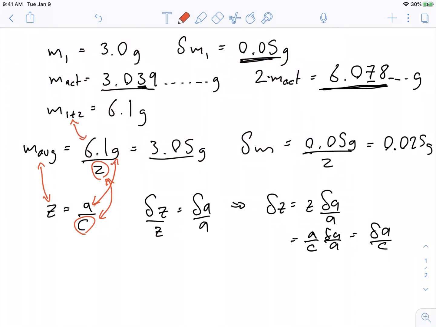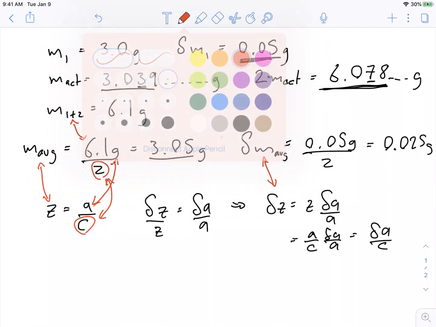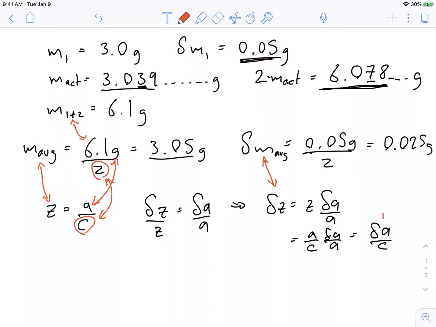So let's link these here. So delta Z is equal to this delta M average, that should be. The uncertainty in my original measurement is this one, and my constant is 2, right? So that's how that all works. Okay, but I wanna go a little further.